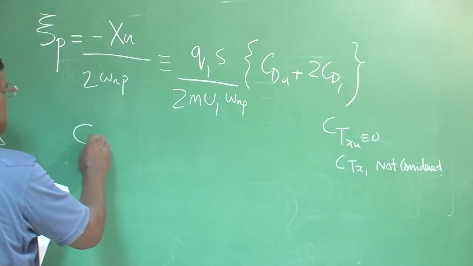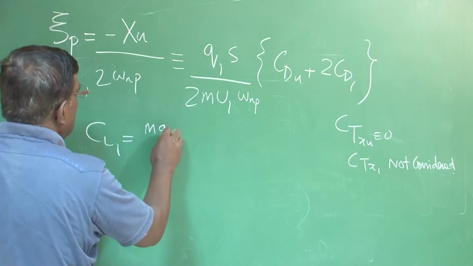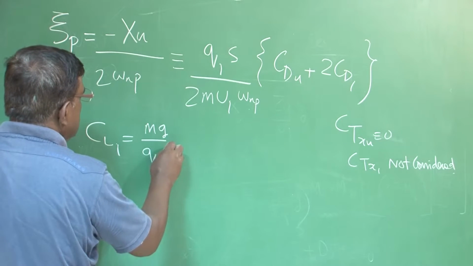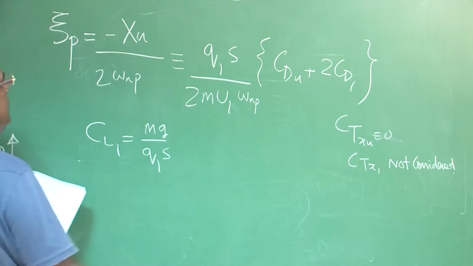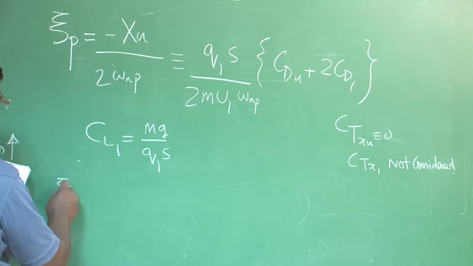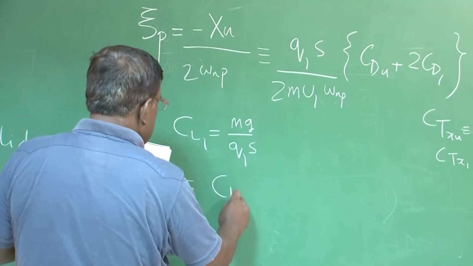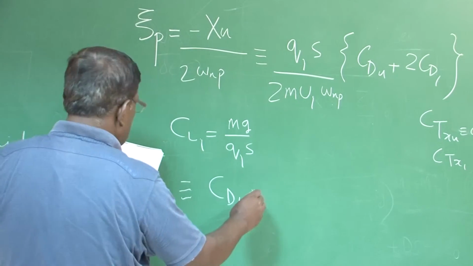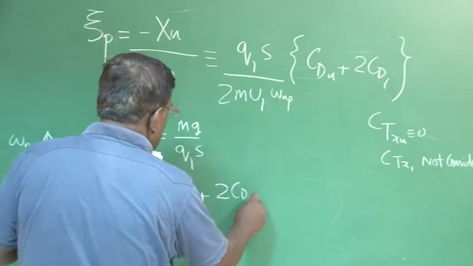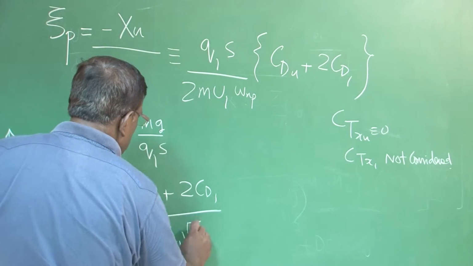Again, we will be using this concept, CL1 is mg by Q1s, and set it inside the expression of omega np also, and then we can easily show, if I substitute this, zeta p approximately will come as CDU plus 2 CD1 by 2 CL1 root 2.